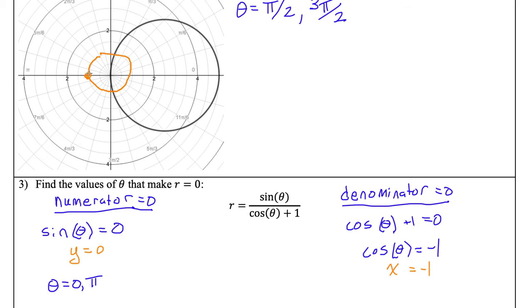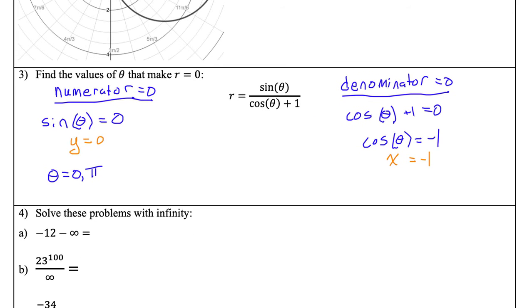X equal to -1 only happens at this one spot on the x-axis, and that happens at pi. So the bad value happens at theta is equal to pi, and I'll label that as bad. Because if I have theta equal to pi, that means this denominator is 0 and I can never divide by 0.